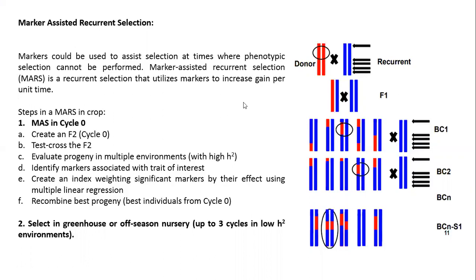That means when two hybrids are crossed, then only the F2 can be achieved. Then this F2 must be test crossed with the recurrent parent and the progeny evaluated in multiple environments with high H square. This H square means a high degree of environmental effects.